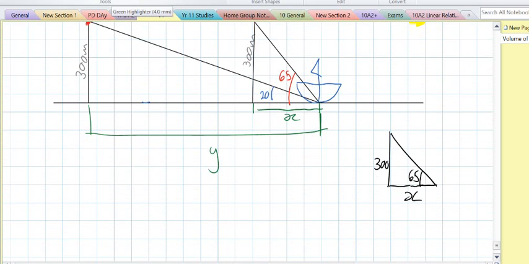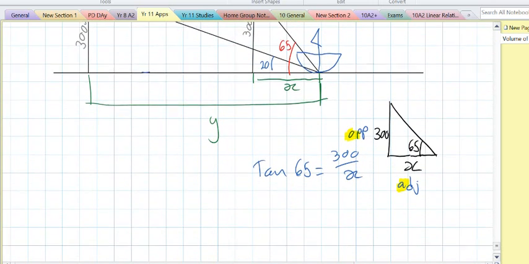So if we're looking for x, we need to label our sides. We have opposite and adjacent. So which one are we using? SOH CAH TOA, opposite and adjacent. We've got an O and an A, so it's TOA. We can say that tan 65 equals opposite over adjacent, 300 over x. Yes, good.